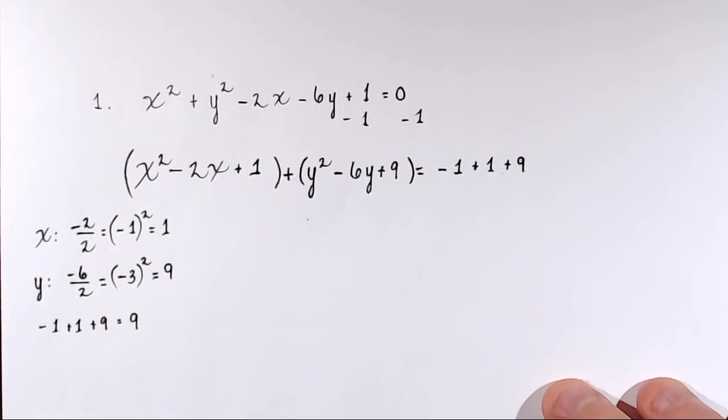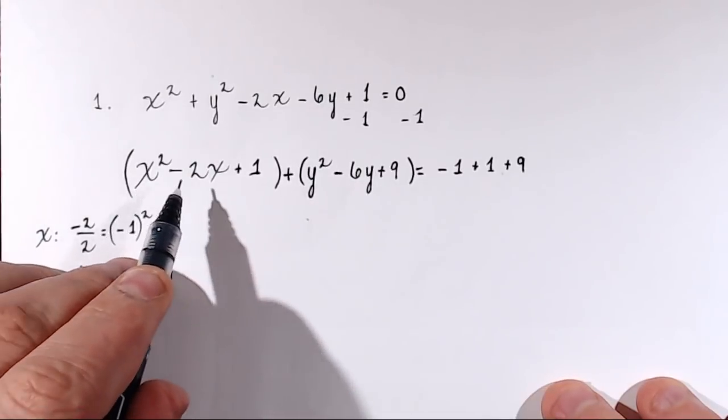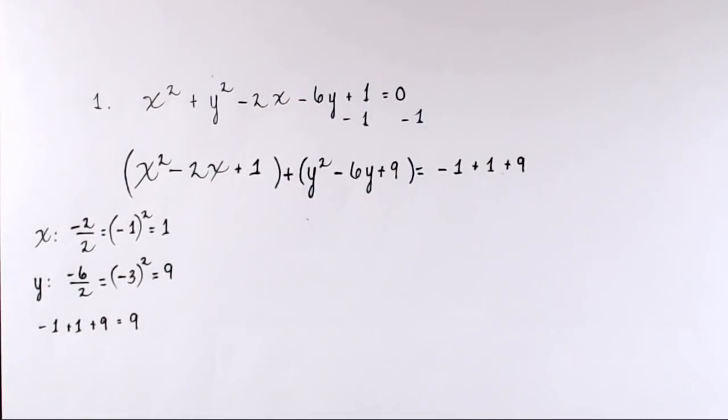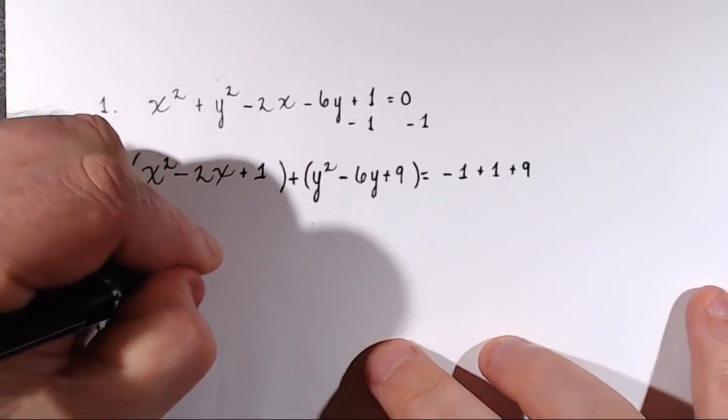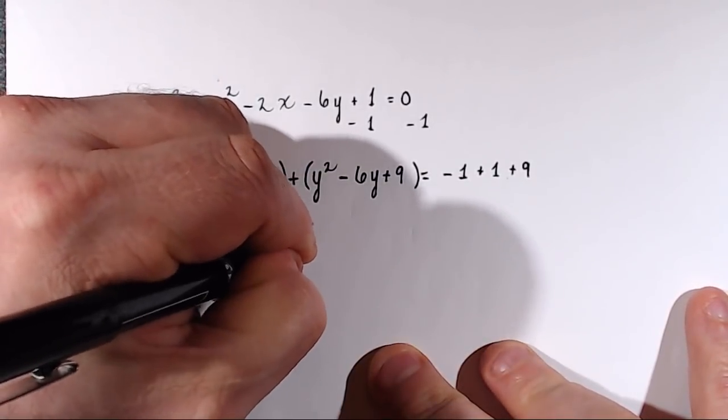So the key is if the linear coefficient is negative, you're going to be writing the difference of two squares. If the linear coefficient is positive, you'll be writing the sum of two squares. Here, in both of our x and y quadratics, we see that the linear coefficient is negative. So we're going to be writing two different expressions that are the difference of two squares. And so now that's what we'll do. So I created like a little template.